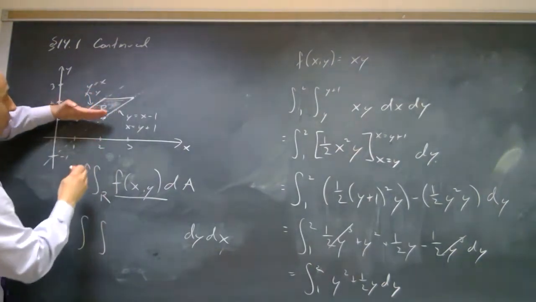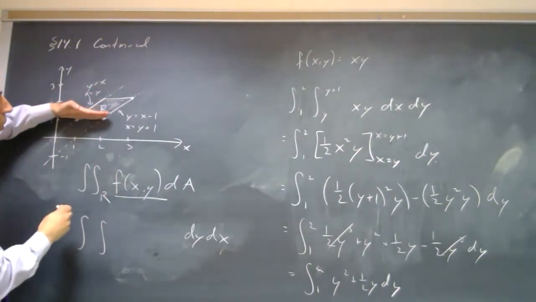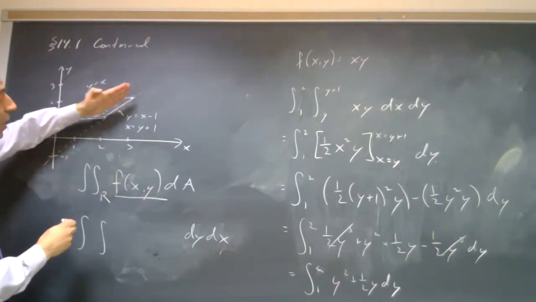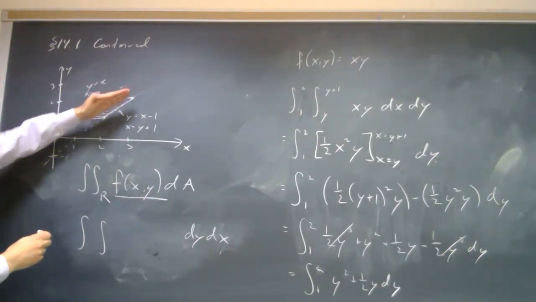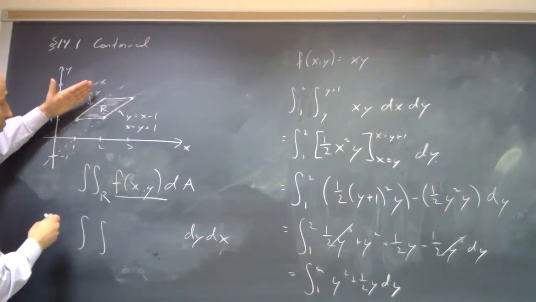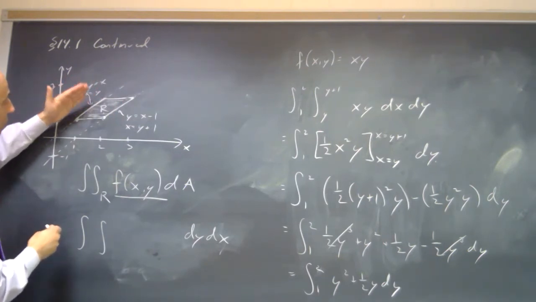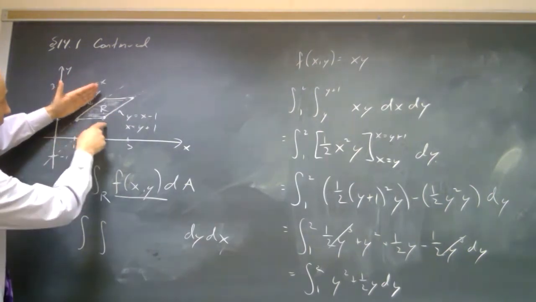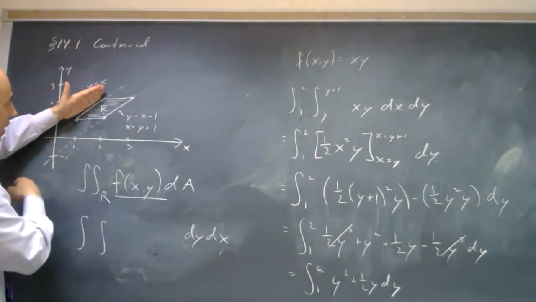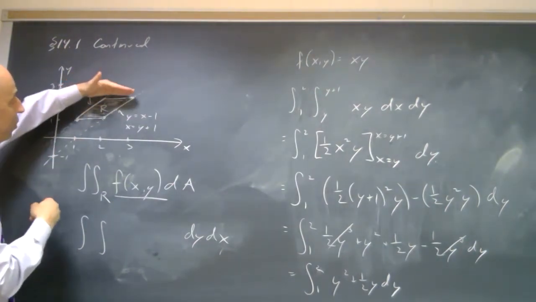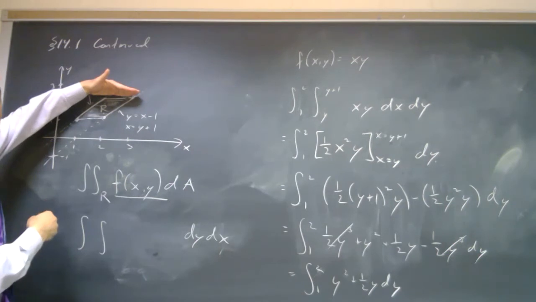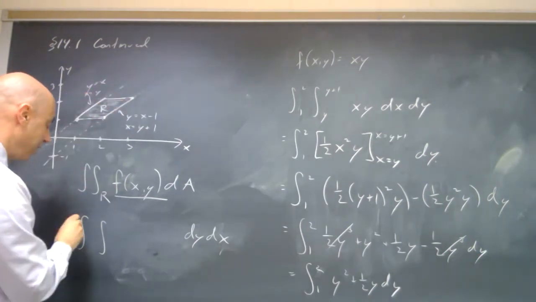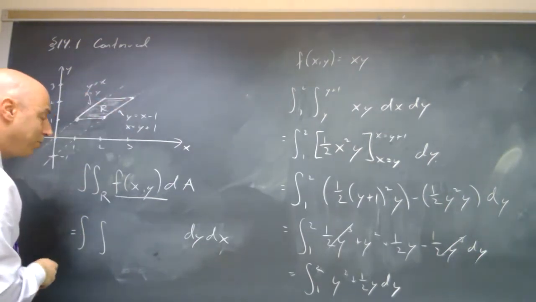It changes from Y equals 1 to Y equals X minus 1. And the top curve also changes at 2. So between 1 and 2, the top curve is Y equals X. And then after 2, it's Y equals 2. So we actually have to do this as the sum of 2 integrals.